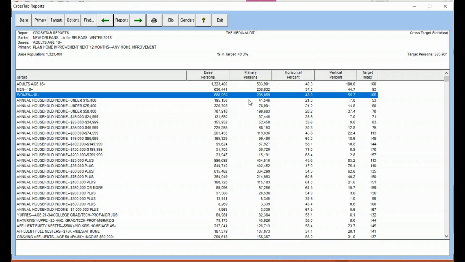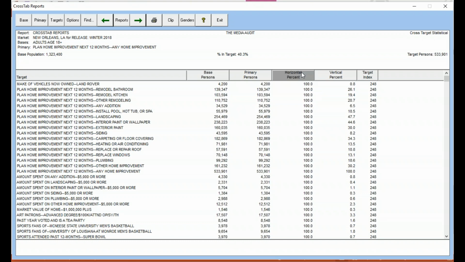So let's look at this. Remember we saw before that home improvement prospects are a little bit more female. Well, in fact, they index female. And that was in that target profile report we just saw, but I didn't key in on that. But there's that index, okay? And why do I know they're going to index better? Well, 40% of all adults are planning a home improvement, but 43% of anyone who is female is planning a home improvement.